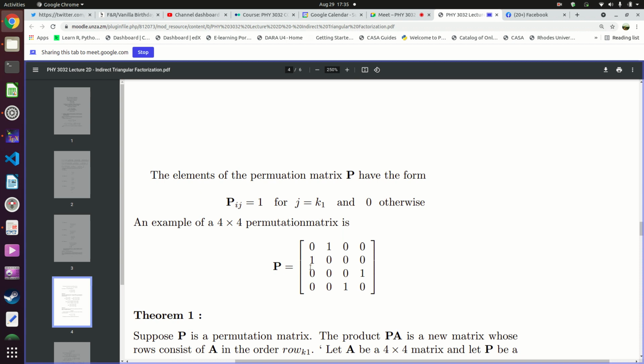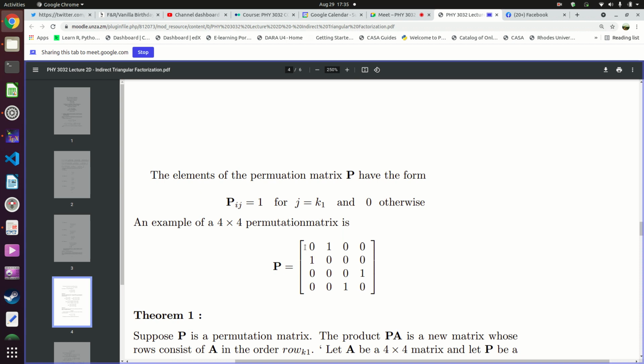For all the other rows, you've got zeros except for this one here. The same thing for the second column: there's only a 1 here and everything else is a 0. In this column also, there's only a 1 here and everything else is a 0. In this column also, there's only a 1 here, everything else is 0.